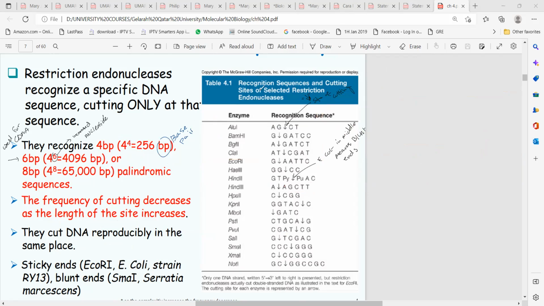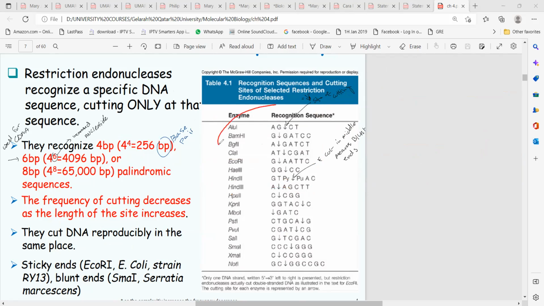So restriction endonucleases recognize a specific DNA sequence, cutting only at that sequence. Different enzymes have different sequences. EcoRI is GAATTC, which I told you as well. So you can get to know where they will cut.